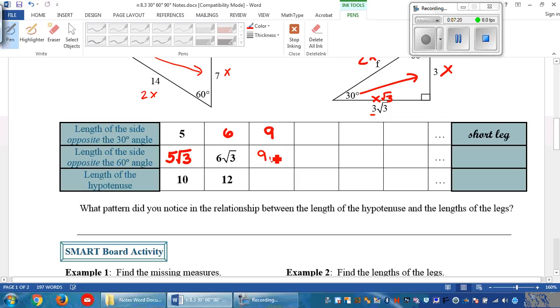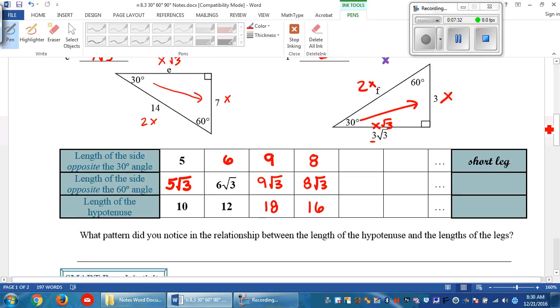This was 9 root 3. This was 18. We had 8 for the answer. This was 8 root 3. This was 16. We had 7. We had 7 root 3 and 14. We had 3, which made 3 root 3, and we had 6.